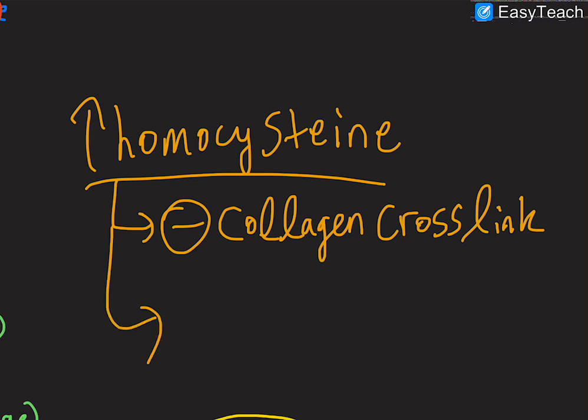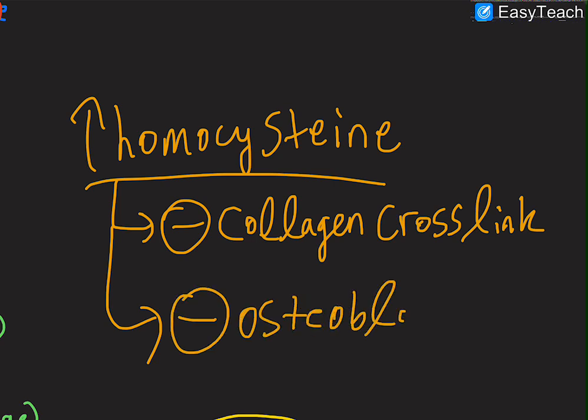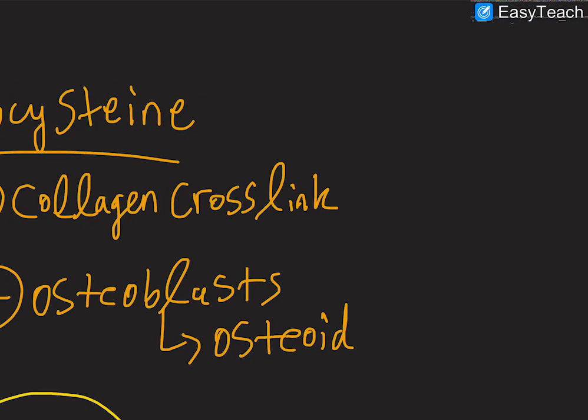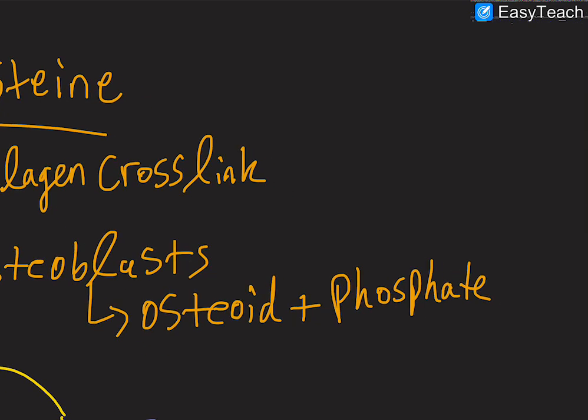Increased homocysteine levels also can affect your osteoblast function, okay? And we know osteoblasts secrete osteoid. And then if you combine osteoid with mineralization, like phosphate and calcium, you can then get hydroxyapatite formation.